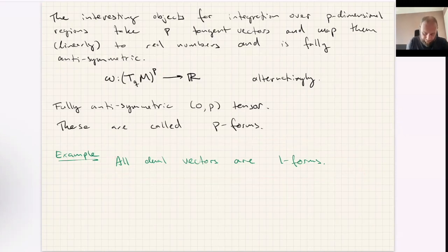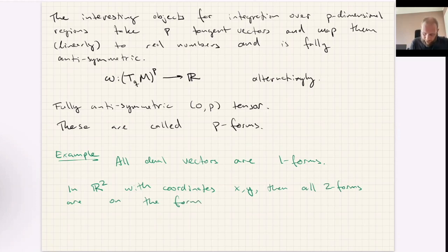If I look in R2, so with coordinates x and y, then all two-forms are of the form omega equal to some function of the coordinates, and then dx tensor dy minus dy tensor dx.